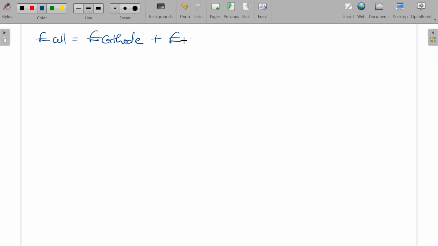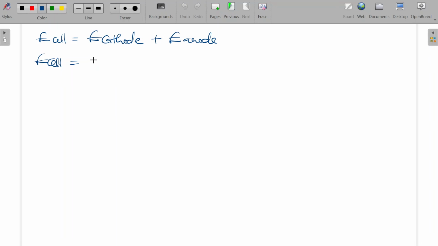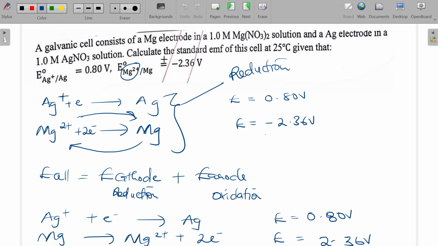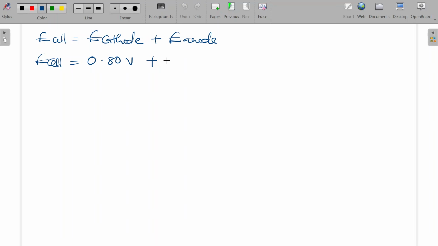As a result, now E cell is equal to E cathode plus E anode. What's my E cathode? My E cathode is 0.80 volts. Then plus my E anode, since I have changed it, I'm going to get the one which has been changed, which is 2.36 volts.